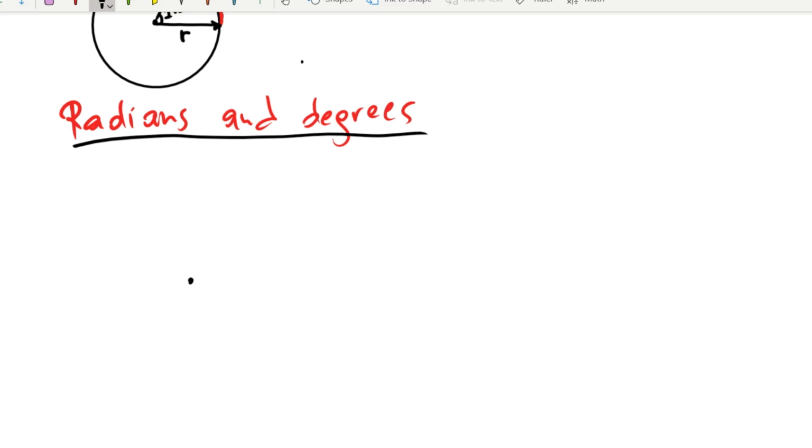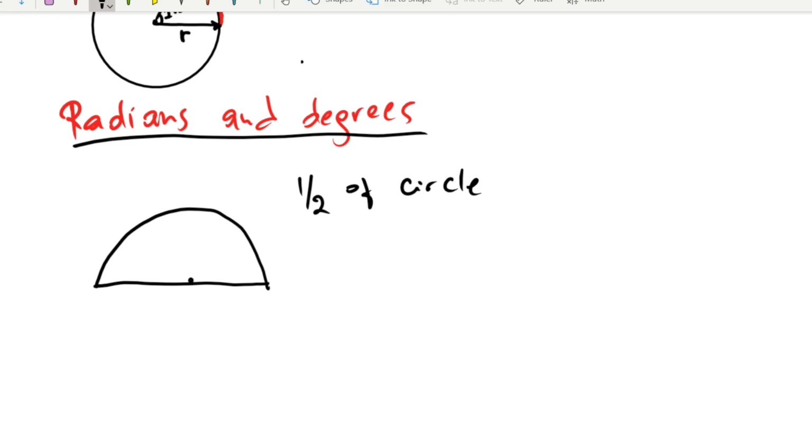Like I said, we're going to just use half of the circle to do our conversion, going from degrees to radians and from radians to degrees. So we know that the measure of half a circle is pi, and it's also equal to 180 degrees. We know that.